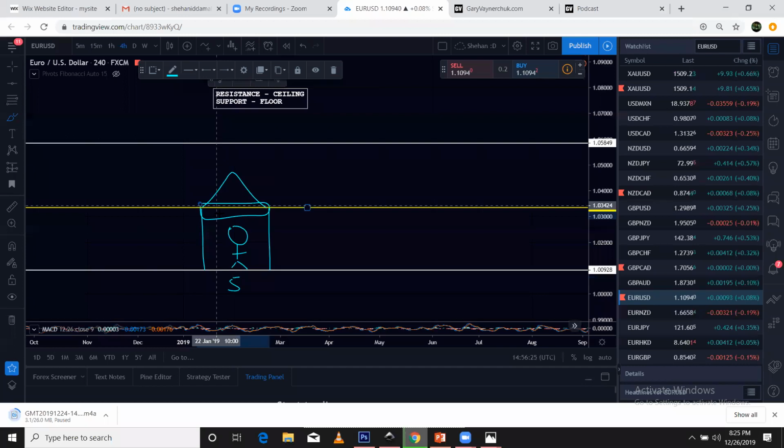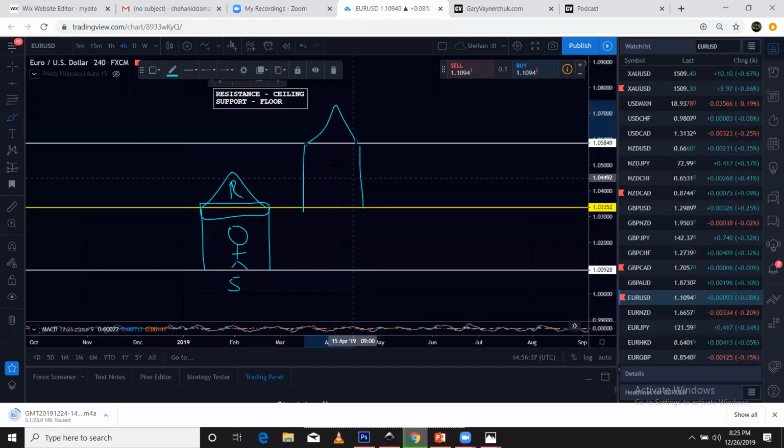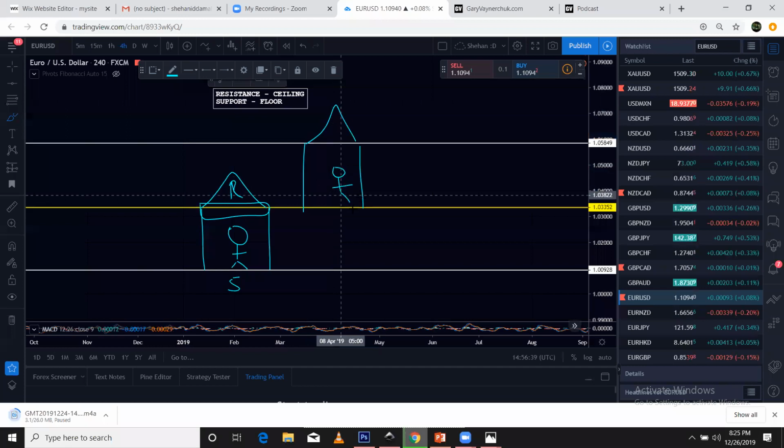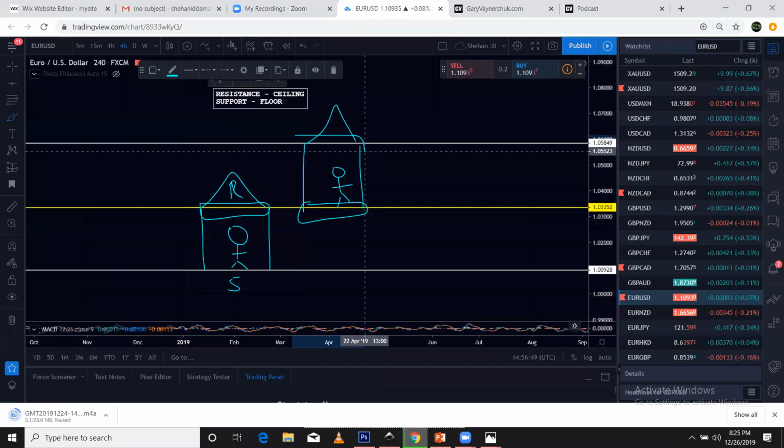So the yellow one is the resistance and the white one is the support. But let's say another person is living somewhere up here. Now for him, this yellow color line is gonna be support, which is the floor. And this white color line is gonna be the resistance.